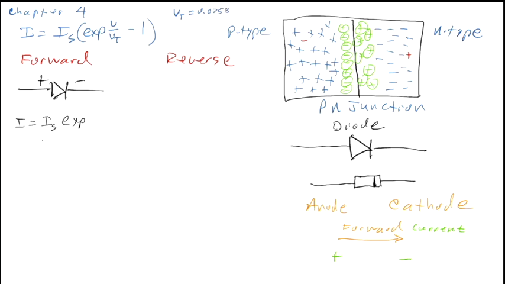So VT is a small number, and it doesn't take much of a big number. If we had 0.5 volts, 0.5 volts over 0.0258 means we have a big number. So we have e to a big number minus 1, which is basically IS e to a big number.